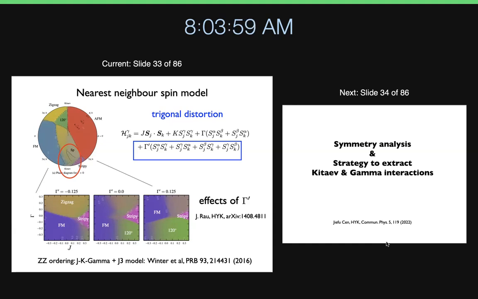I was just curious, in the investigation of these materials for spin liquid phases, to what extent are people aware of these issues with numerically confirming the magnetic fermion phases, and to what extent might people be missing this sort of physics because they're not exploring the phase diagram carefully?